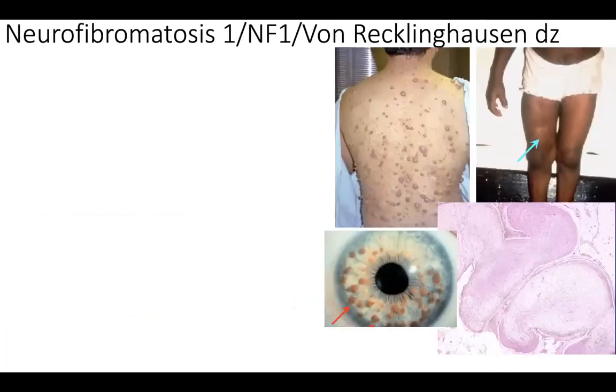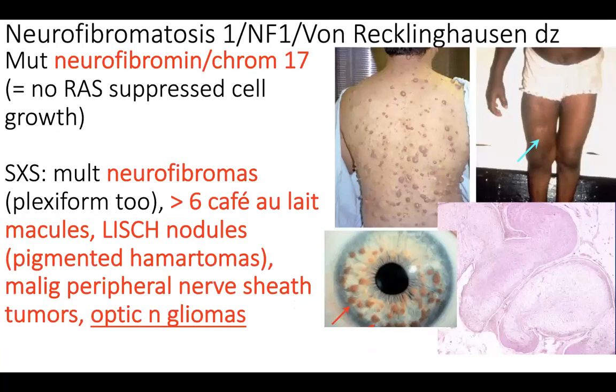So NF1, or von Recklinghausen disease, is a mutated neurofibromin on chromosome 17. It's important to remember this for boards as well as your exam. So multiple neurofibromas plus greater than 6 cafe au lait spots, which we had talked about before. They're either dark spots on light skin or light spots on dark skin that are macules.